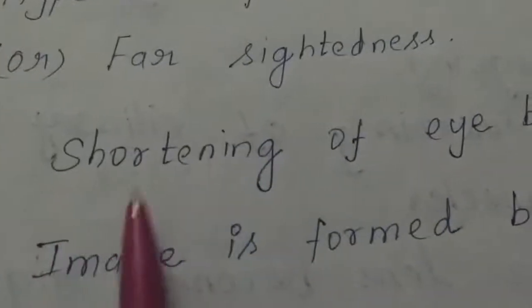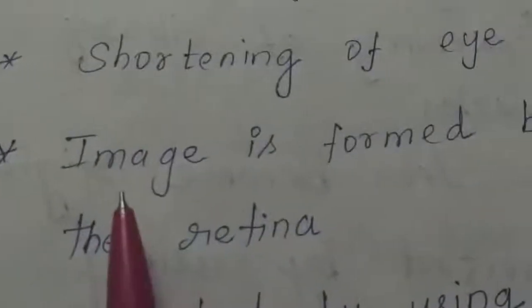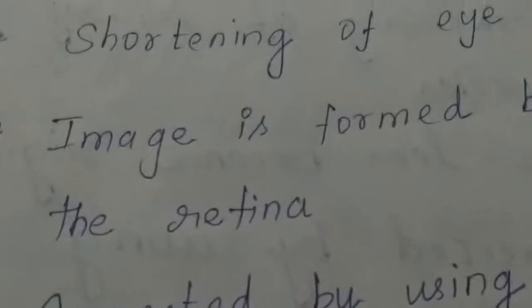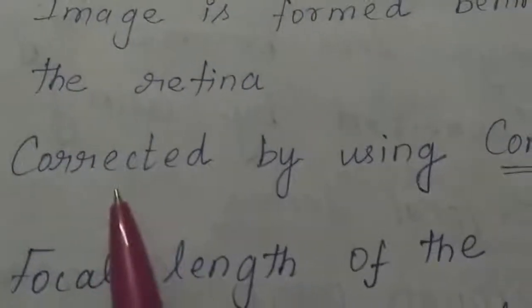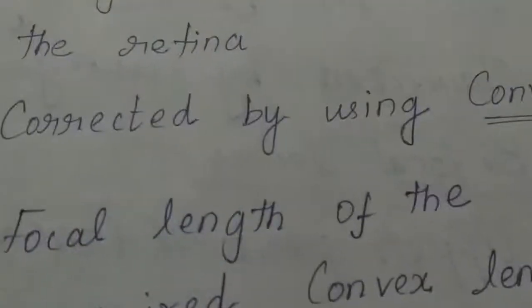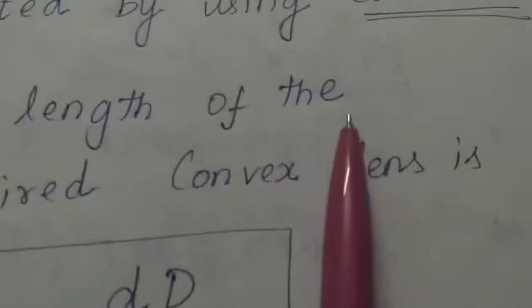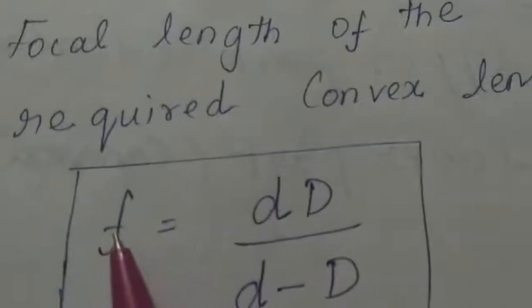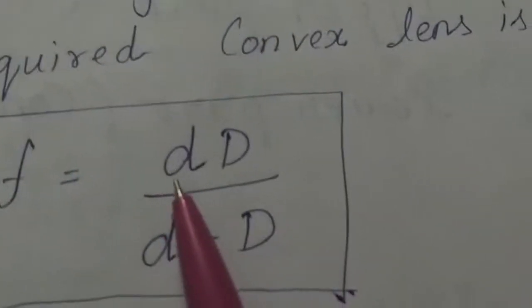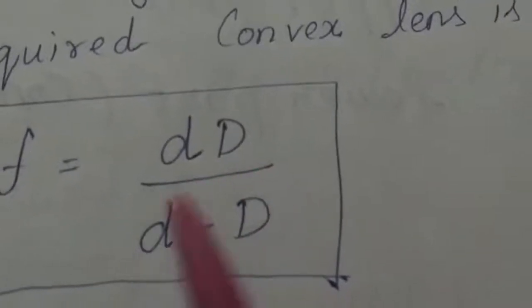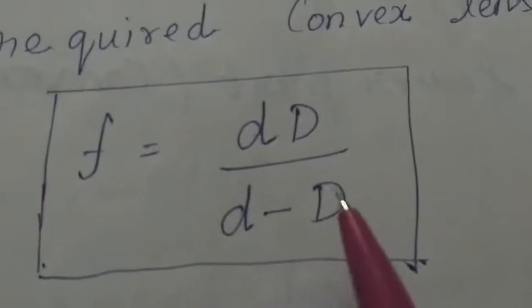Very important one mark question, shortening of eyeball. The image is formed behind the retina, and hypermetropia is corrected by using a convex lens. The focal length of the required convex lens is f equal to small d into capital D divided by small d minus capital D.